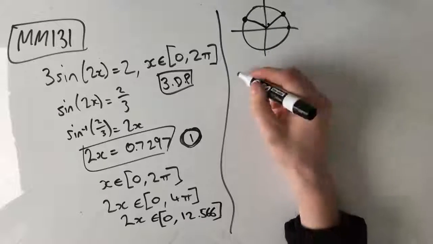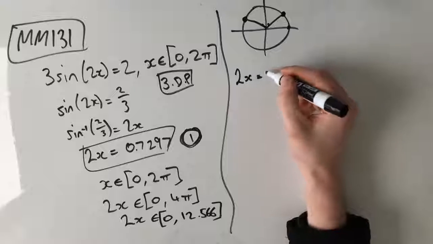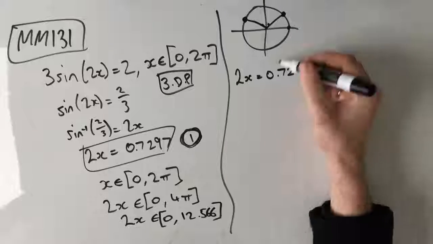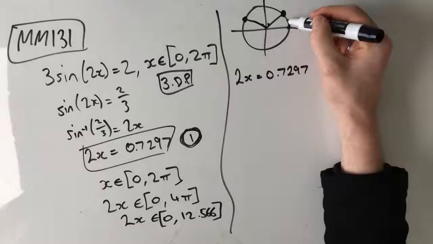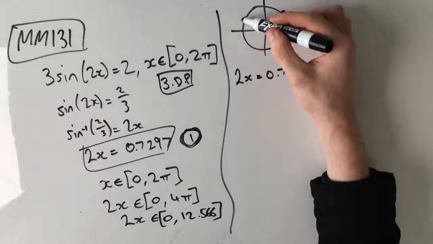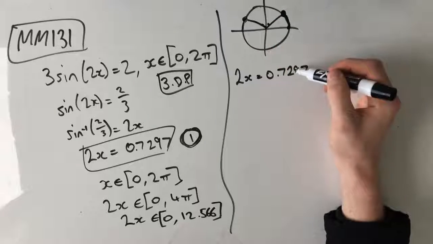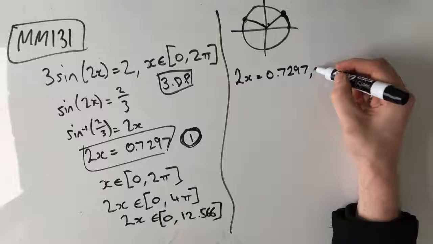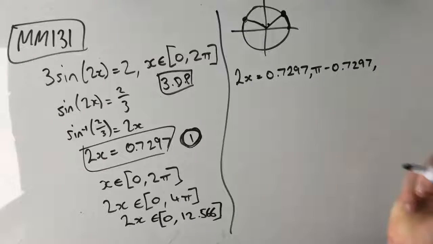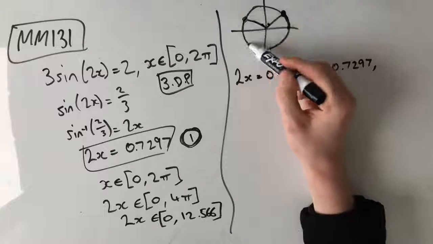So what we're going to get is 2x is equal to 0.7297, because this is our base angle, which is this part here. This is the first go around. Our second 2x value is going to be here, which is pi minus 0.7297, because that's our base angle. So pi minus 0.7297, and we keep going around.